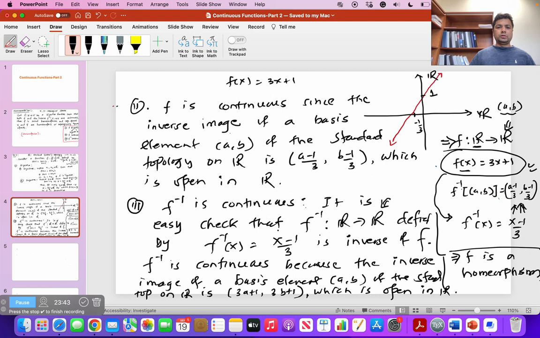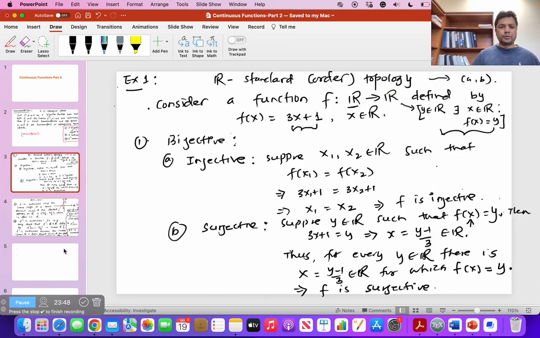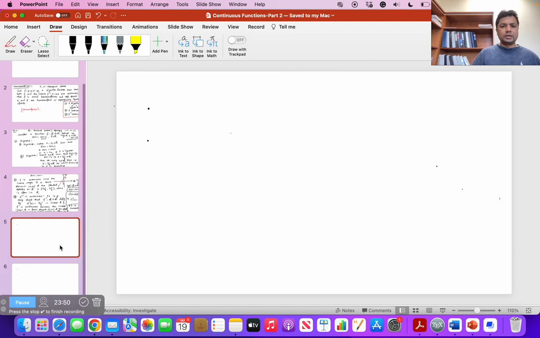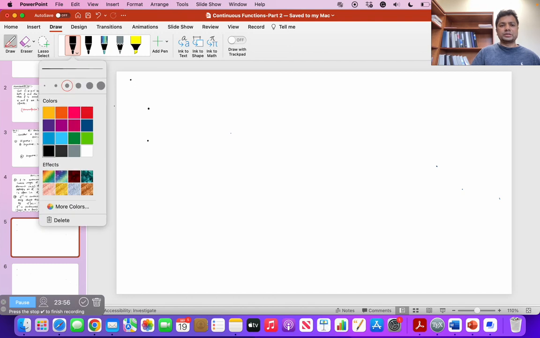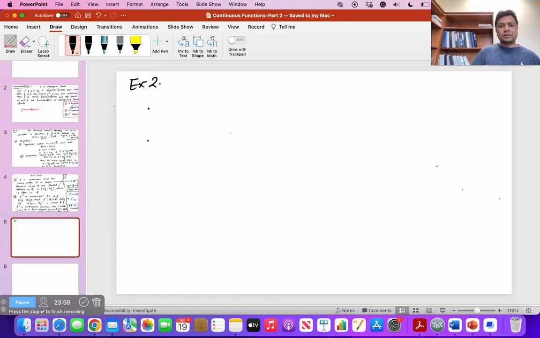Okay, so this is an example of a homeomorphism. The first example was kind of an obvious example of a homeomorphism. Now let me give you the next one.